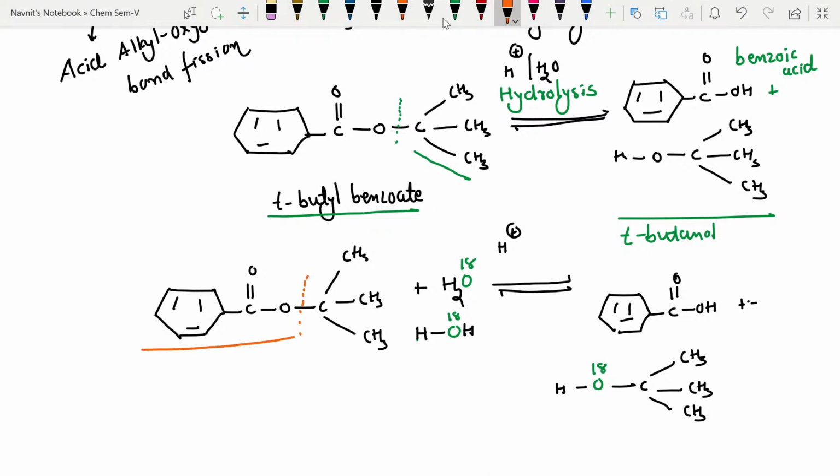So this part will convert into the acid and this part will convert into the alcohol. To convert this part into the acid, we need hydrogen, so it takes the hydrogen, and this part takes the OH from the water molecule. In that way you can remember. The labeled oxygen with the alcohol proves that during the hydrolysis, the alkyl oxygen bond breaks.